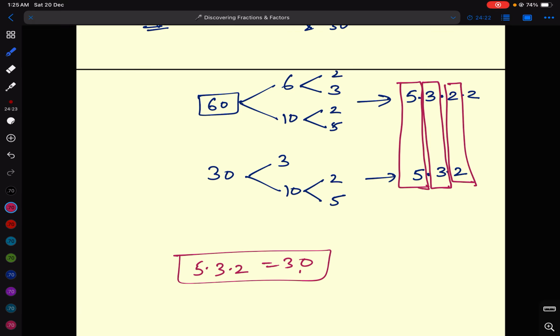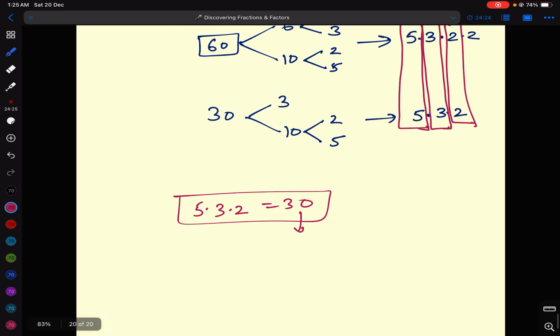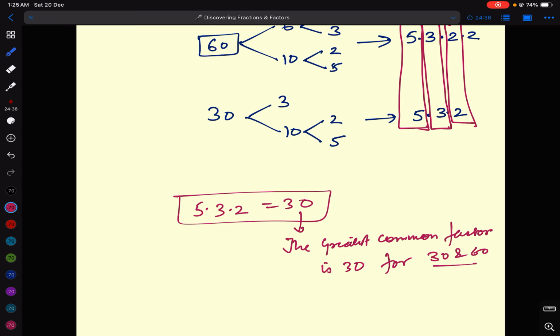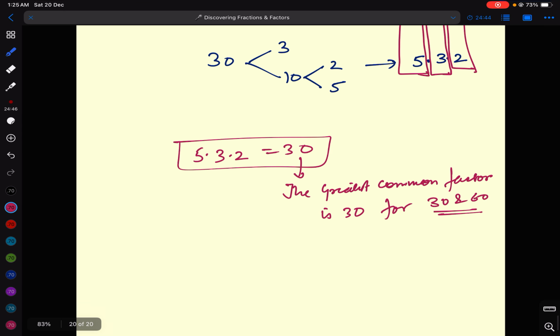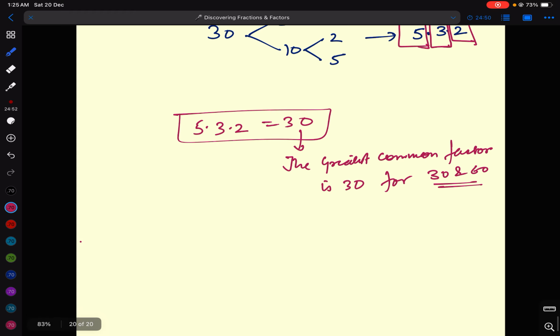So 30 becomes the common factor, or you can say the greatest common factor for numbers 30 and 60. So the greatest common factor for the numbers 30 and 60 is 30. This is how you find the greatest common factors. Clear? Okay.